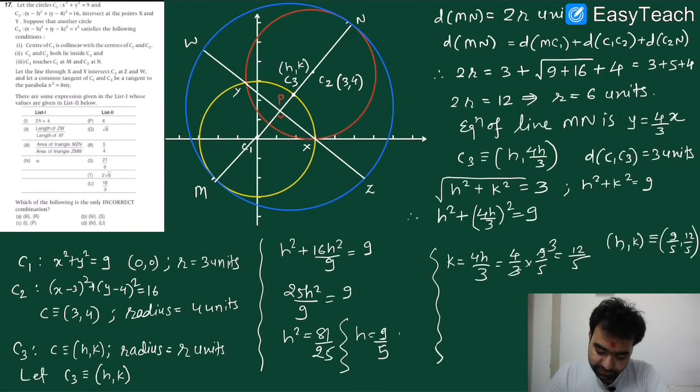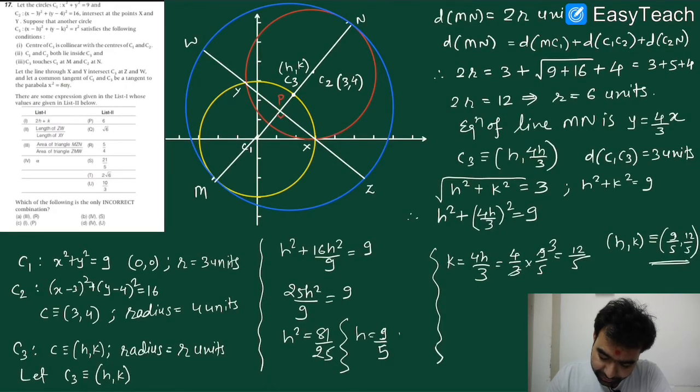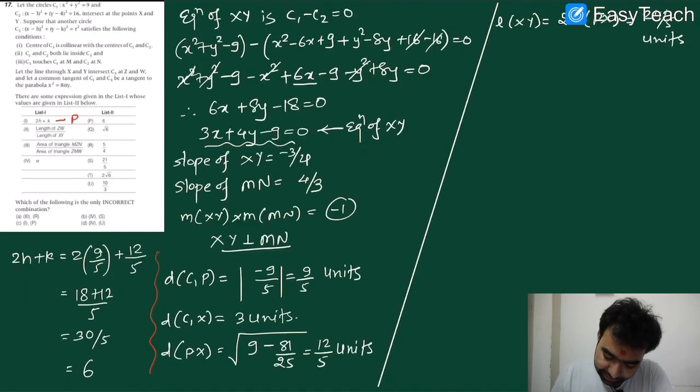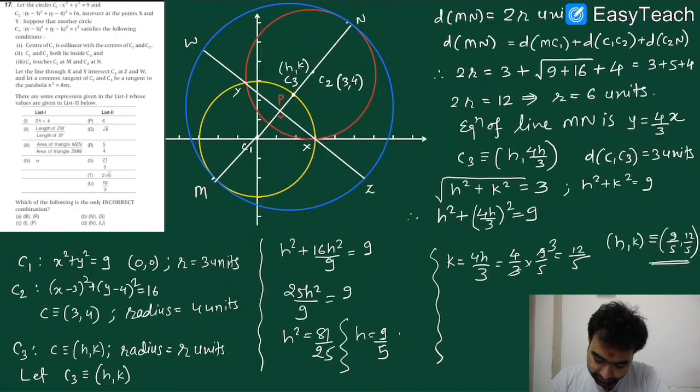Now I will apply the perpendicular distance formula from C3 on XY. I know the coordinates of C3, that is (9/5, 12/5), and the equation of XY is already given. So now calculate the length of C3P first.